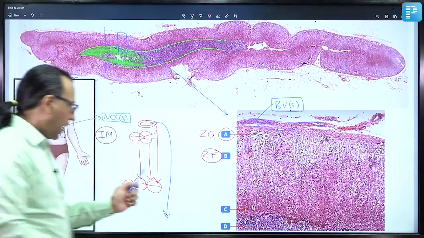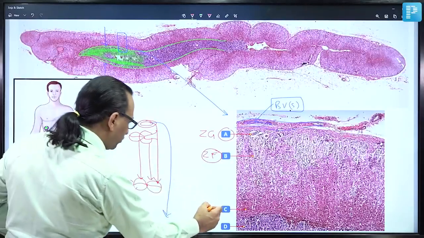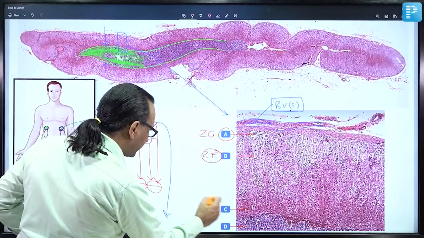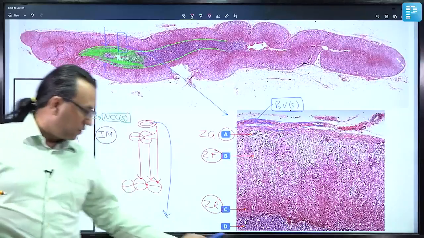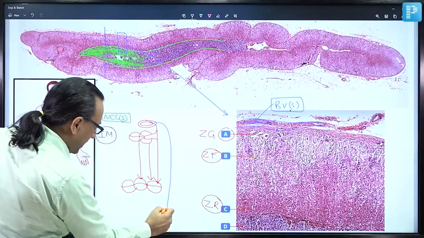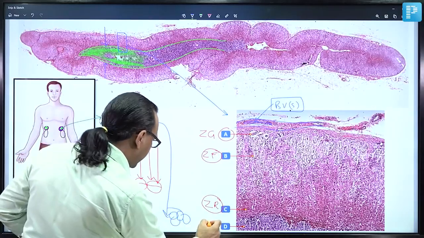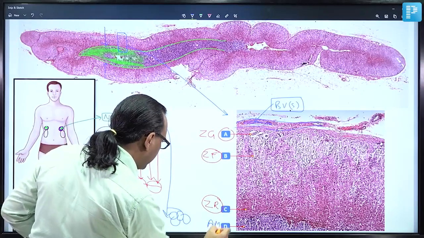So by looking at this arrangement of vessels, you can tell this is going to be zona reticulata. And in the adrenal medulla, you will notice again some network of blood vessels. So this is the adrenal medulla region.